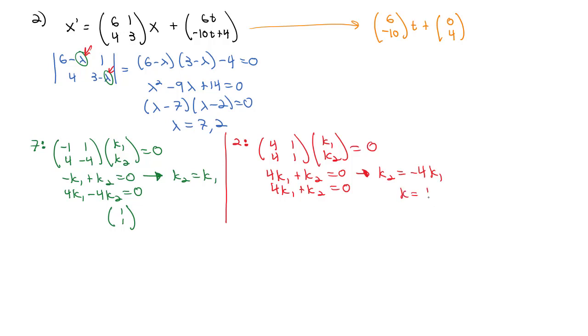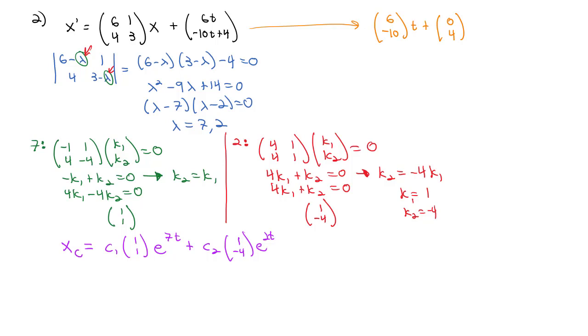Which means if k1 equals 1, k2 would be negative 4, giving us eigenvector 1, negative 4. And x complement solution, that is equal to c1, 1, 1, e to the 7t, plus c2, 1, negative 4, e to the 2t.